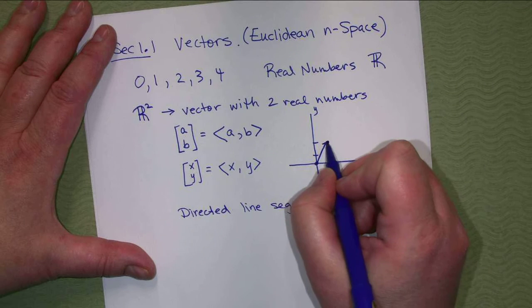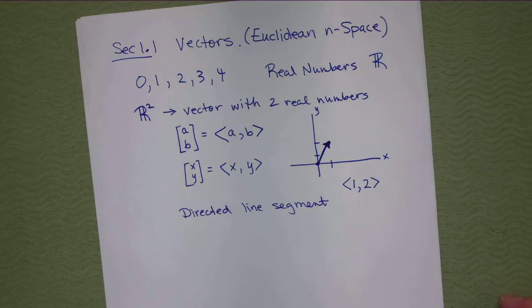I'm just going to put an exaggerated dot on each end and an arrow. So that's the vector 1, 2. But the hard thing with vectors is that the vector 1, 2 has infinite places that it can be, and it's still called the vector 1, 2.